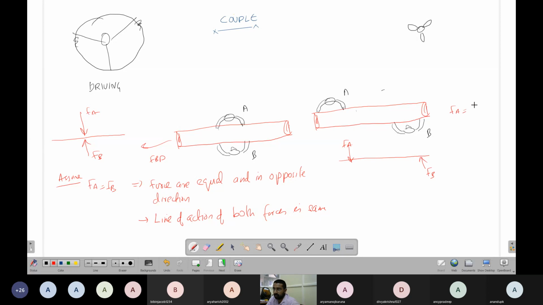Here also FA equals FB. Now, in this condition, the forces are equal and opposite, but the line of action is parallel, not coincident.